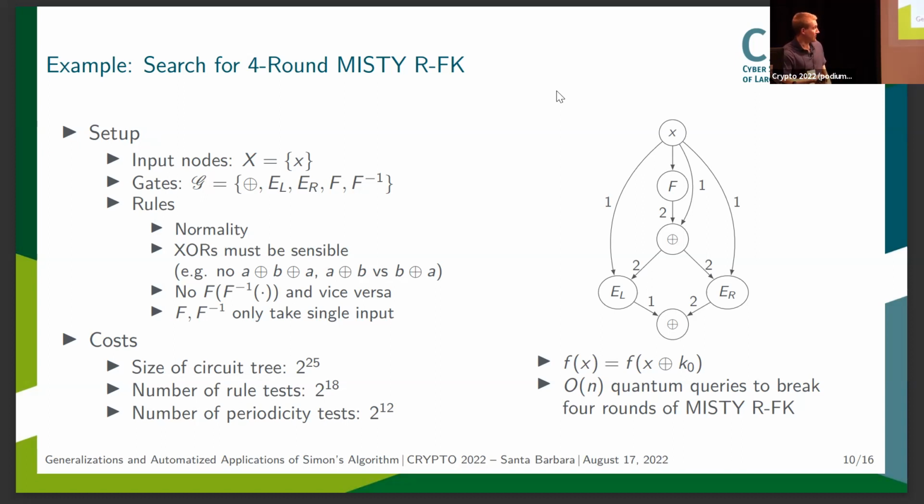Then we add the outputs, the left and the right output, and our implementation then tells you that this has a period, and it's easy to verify that the period is actually K0. And that means that using Simon's quantum algorithm, we can recover K0 with just a polynomial amount of quantum queries to the MISTY RFK construction. And therefore, this is also totally broken in the quantum setting.